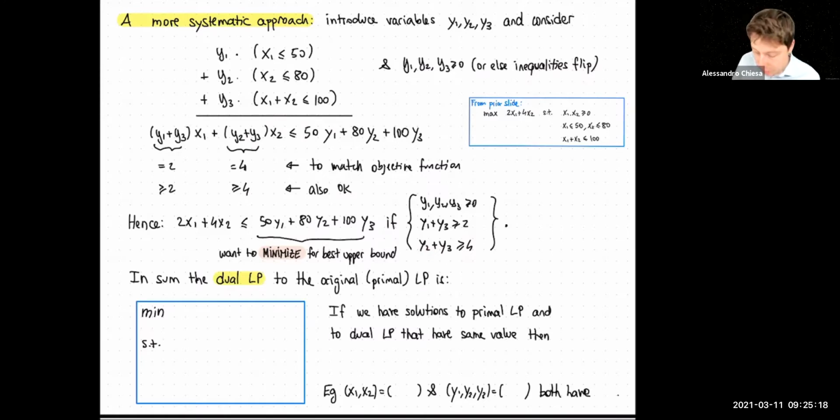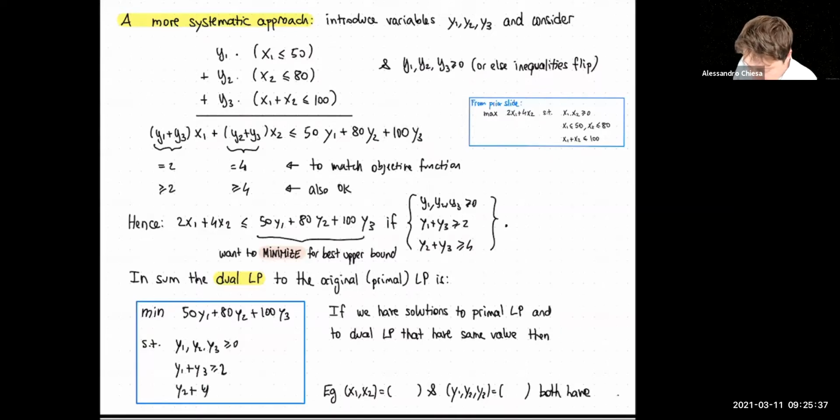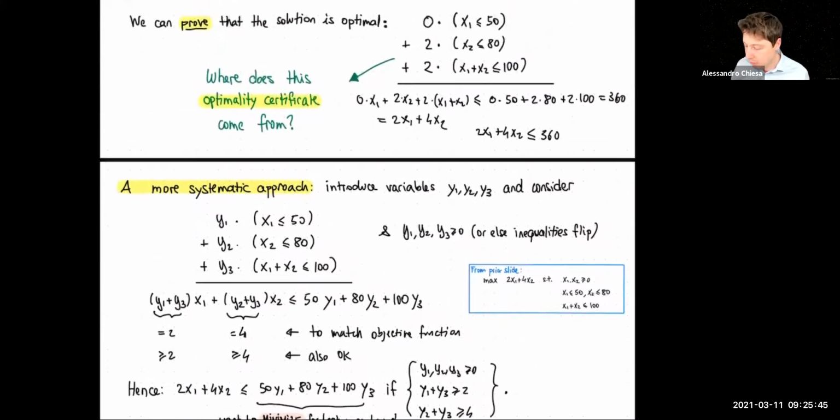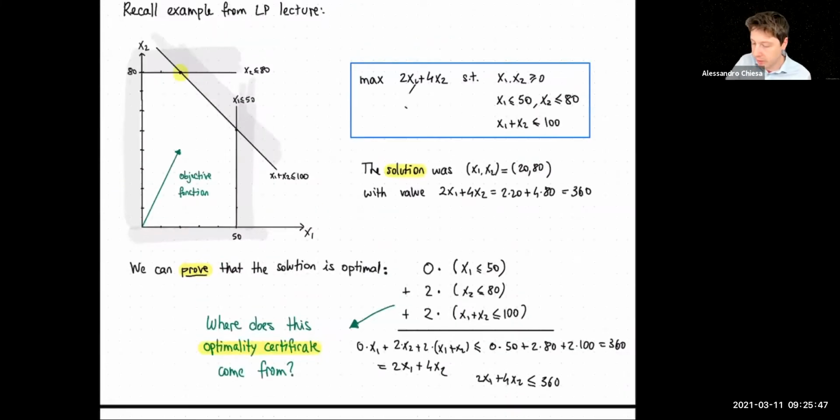So what we want to do is minimize 50y1 plus 80y2 plus 100y3, subject to y1, y2, y3 being non-negative, y1 plus y3 being at least 2, and y2 plus y3 being at least 4. The solution to this linear program is going to give us a certificate of optimality for the original program we started with.